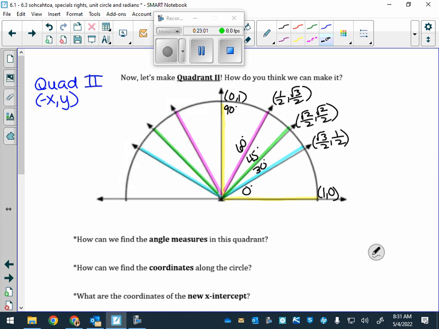Okay, so my blue, like Finn said, we have negative root 3 over 2 and 1/2. We have negative root 2 over 2, root 2 over 2, negative 1/2, and root 3 over 2.